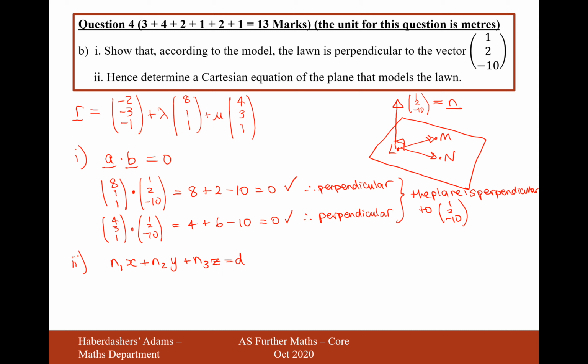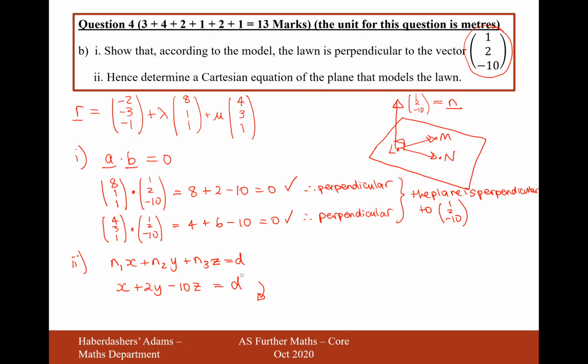We've just found the values of n1, n2 and n3. That's the vector we've just shown as perpendicular to our plane. So it's going to be 1x plus 2y minus 10z equals d. Now we don't know the value of d yet, but to work it out, we can plug one of our coordinates into the left hand side, and that will give us our d value.